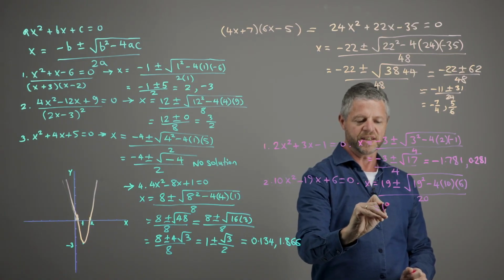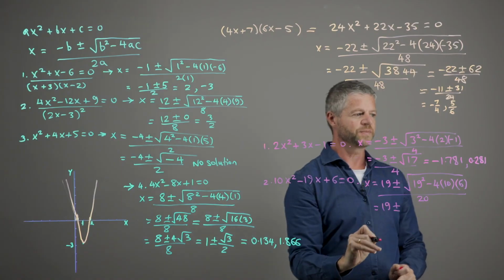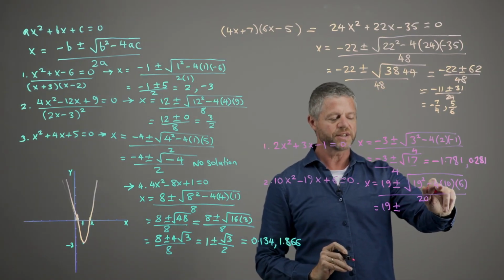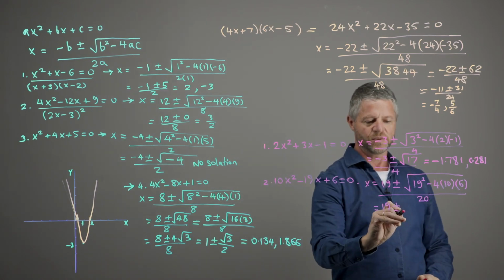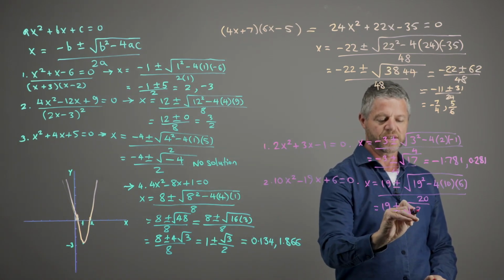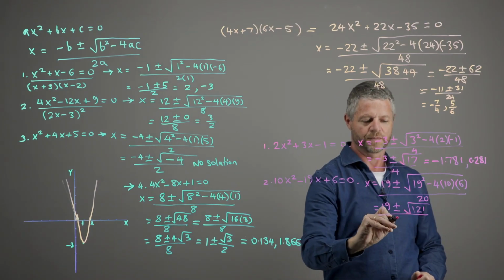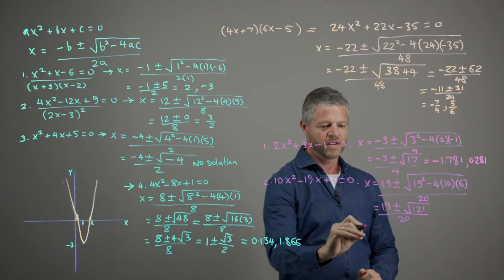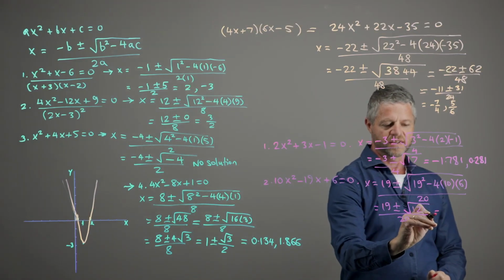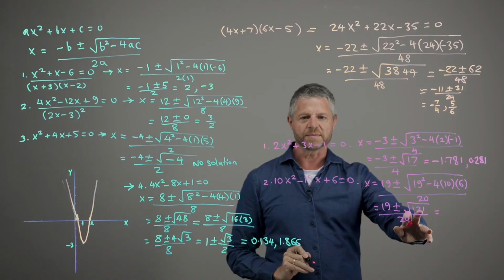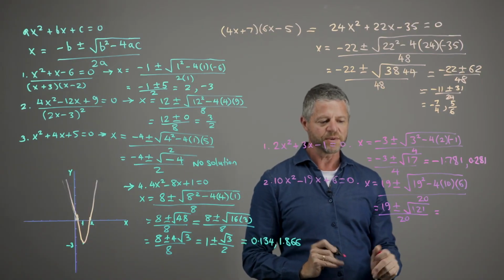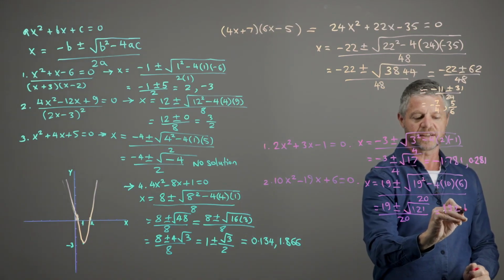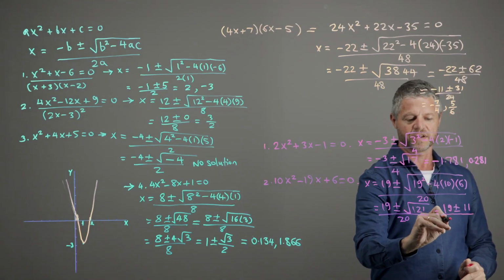So we got 19 plus or minus, and then if we evaluate this using a calculator, 19 squared minus 4 times 10 times 6, we get 121. And that's nice because 121 is a perfect square. So the square root of 121 is 11. So we've got 19 plus or minus 11 over 20.